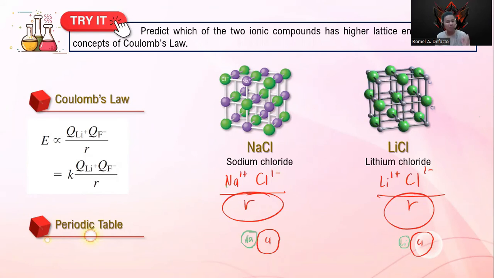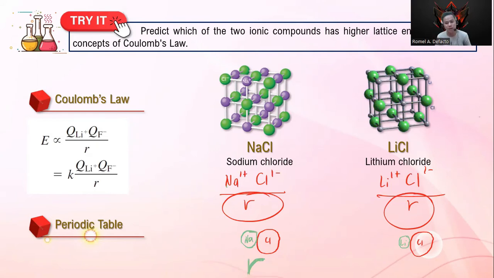So in this case, if we check the definition of the radius that we're talking about, it's the distance between their nuclei. So chlorine is big, sodium is also big, so they will have a larger R. No? So allow me to write a larger R here. Between the lithium and chlorine, it is closer.